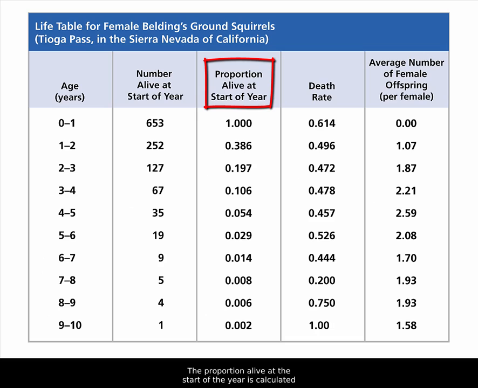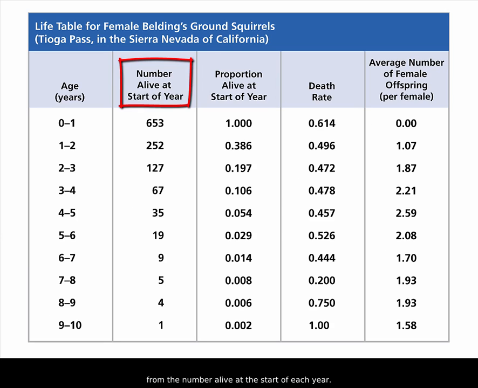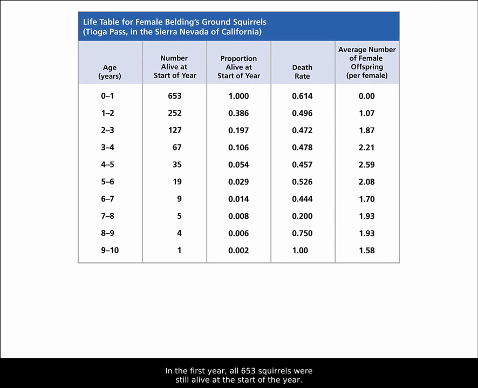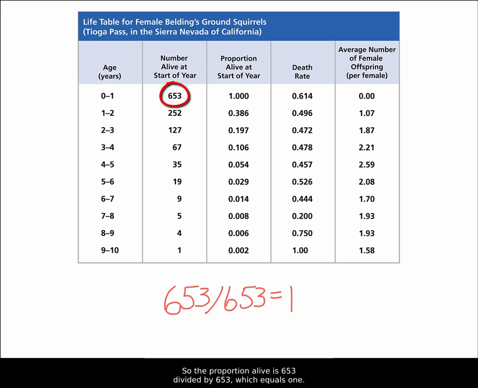The proportion alive at the start of the year is calculated from the number alive at the start of each year. In the first year, all 653 squirrels were still alive at the start of the year, so the proportion alive is 653 divided by 653, which equals 1.